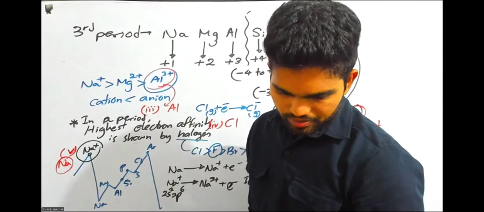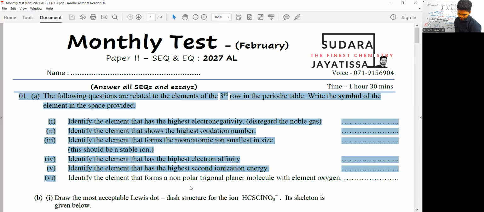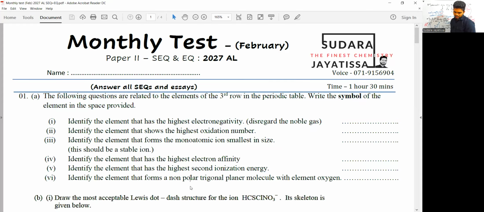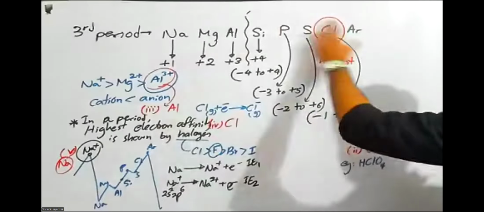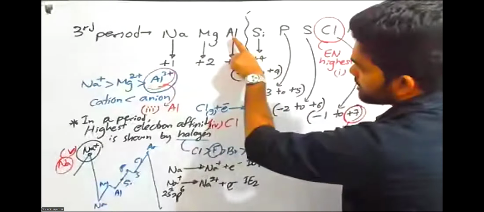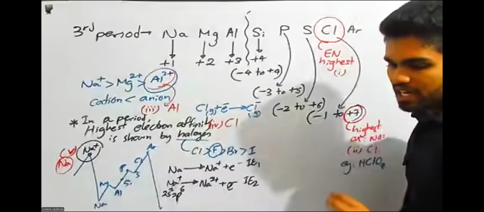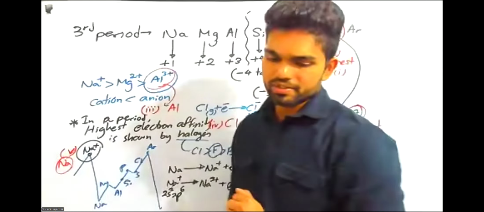Then go to the next question. Identify the element that forms a nonpolar trigonal planar molecule with oxygen. Okay. So then you need to think about all the compounds made by them. If they say molecules, you have to ignore these three because they make ionic compounds with oxygen, as they are metals.